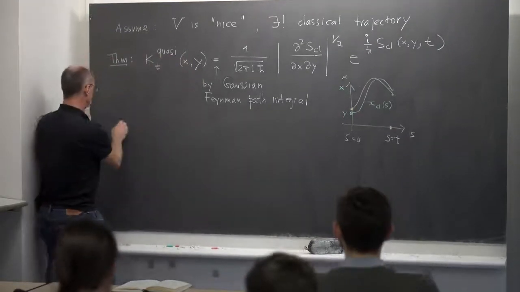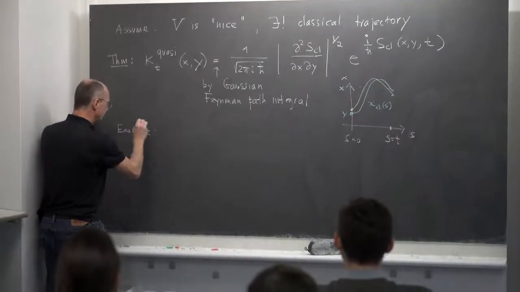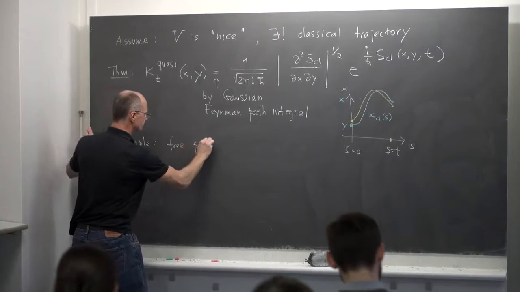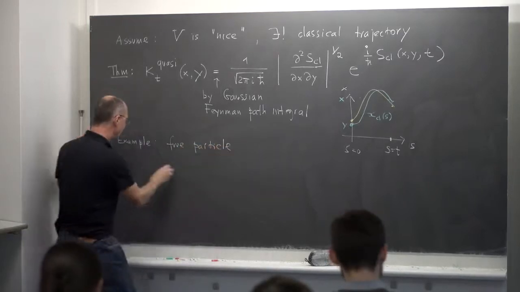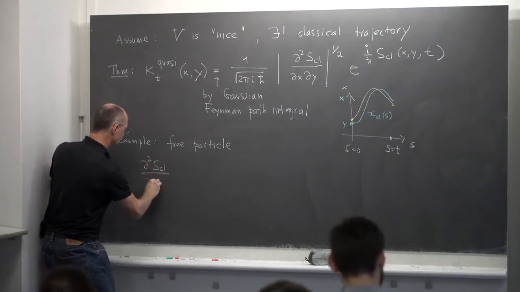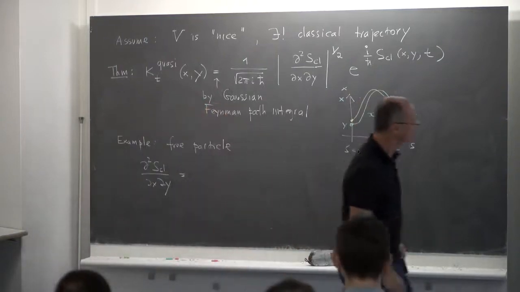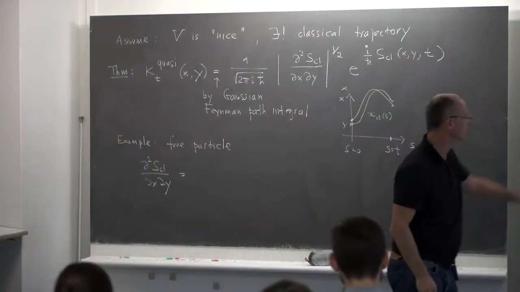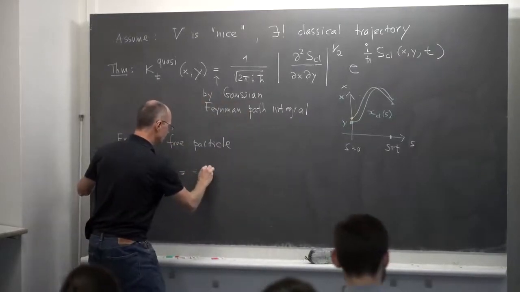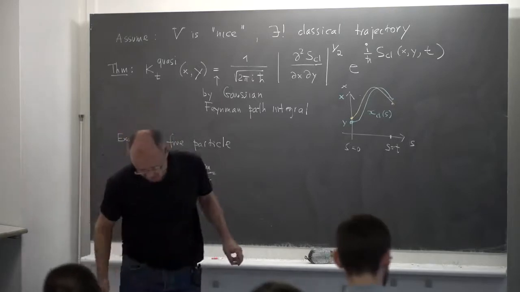Maybe an example, right? So again, for the free particle, d2S classical over dx dy, well, we can compute it, right? It will be minus m over t, if I'm not mistaken, right?